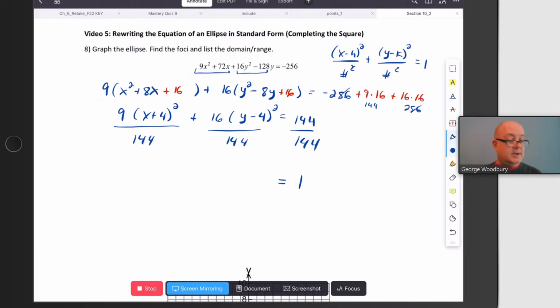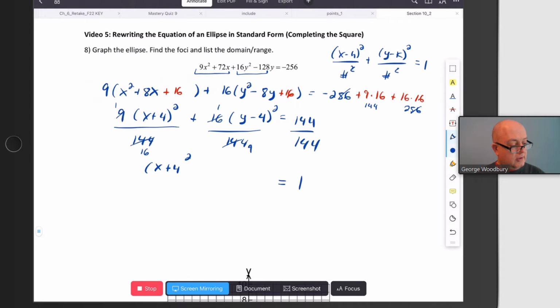Now on the left-hand side, 9 divides into 144 16 times, and conversely, 16 divides into 144 9 times. So we've got x plus 4 quantity squared over 16 plus y minus 4 squared over 9 equals 1. The larger denominator tells us which one is a.